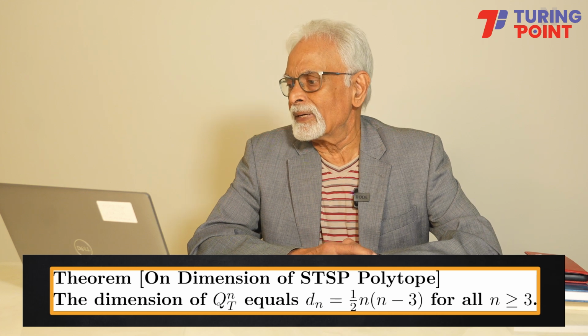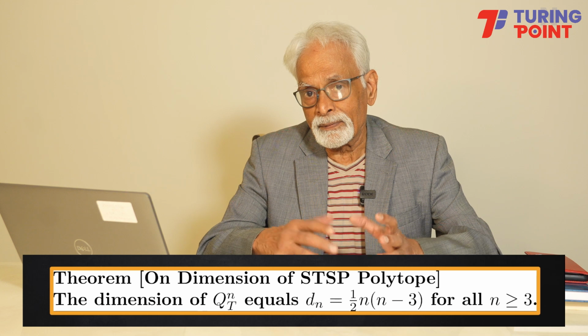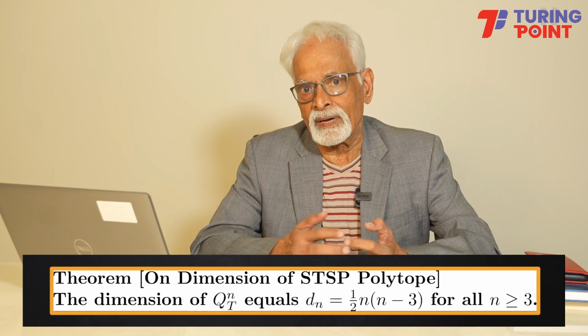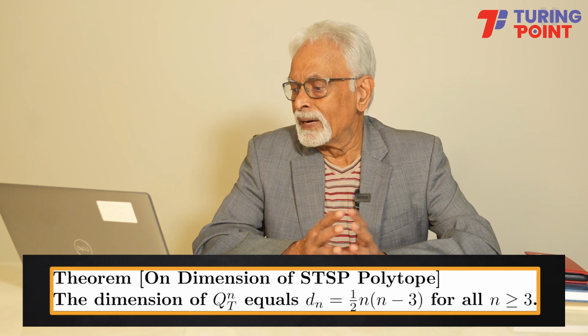So we shall show that the dimension of the Turing polytope is actually n into n minus 3 by 2. I'm not going to go through the proof, but it's already known from the results of Groschel and Padberg.